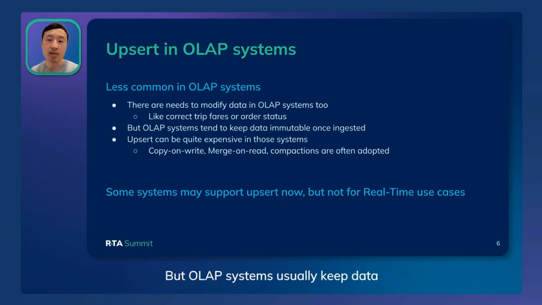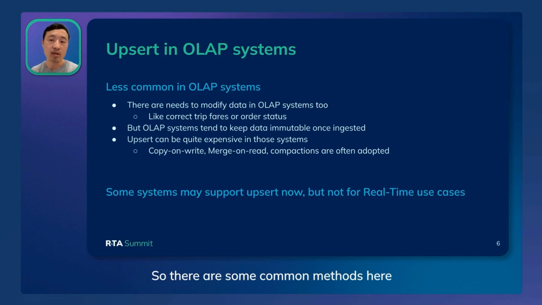But OLAP systems usually keep data immutable once ingested in order to apply optimizations like columnar formats, compression, and even tracking some statistics about the data chunks, so the analytics queries can be executed efficiently on larger data sets. But those optimizations can make Upsert very expensive, because when we change the data, we also need to redo those optimizations.